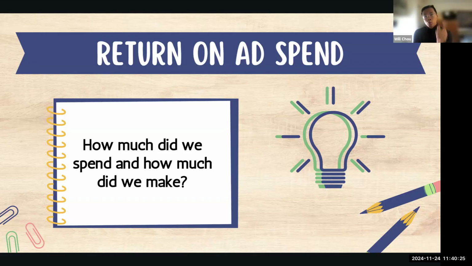That is 12 times 10, 120, divided by 1,000. And that's how much return you got. In this case, you didn't make a return because you didn't make much back. But let's say you got 1,000 t-shirt sales. All of a sudden, it's 12,000 over 1,000. Now you made a 12 times return on the amount of ad spend.